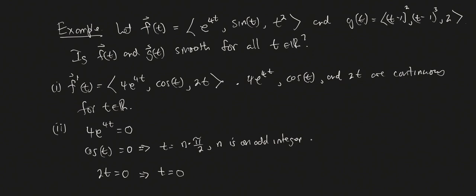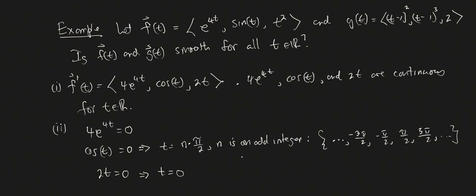So in fact, let me just write it out so you can get a sense. This is an infinite set, so we obviously can't list them all. So I'll just say negative 3 pi over 2, negative pi over 2, and then pi over 2 going this way, 3 pi over 2, etc. The next one will be 5 pi over 2 in this direction, and negative 5 pi over 2 in this direction.